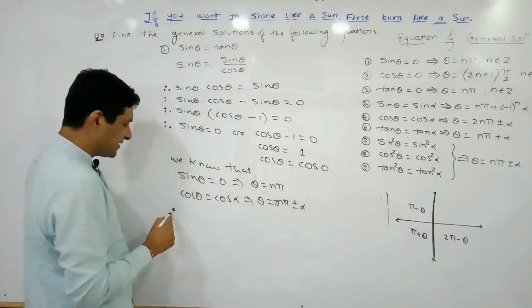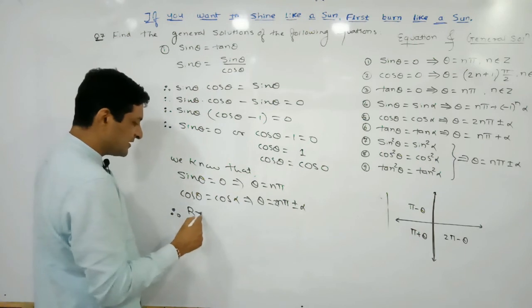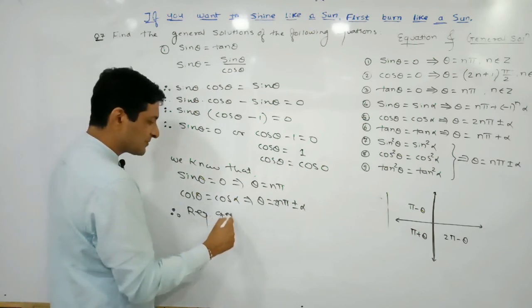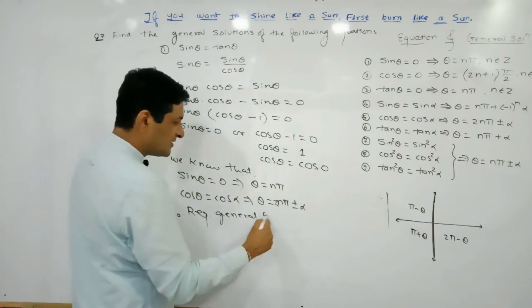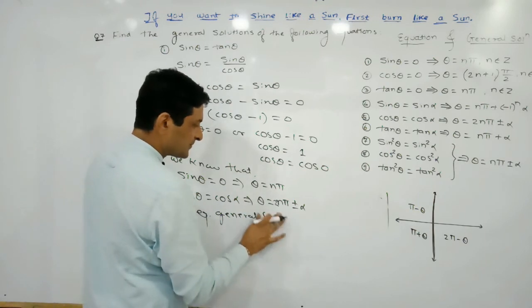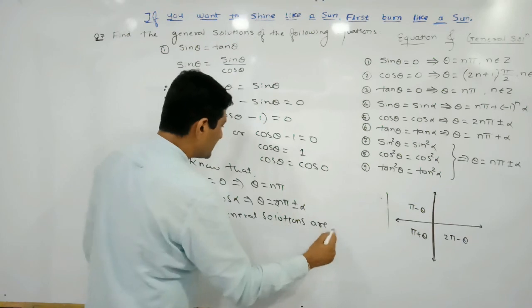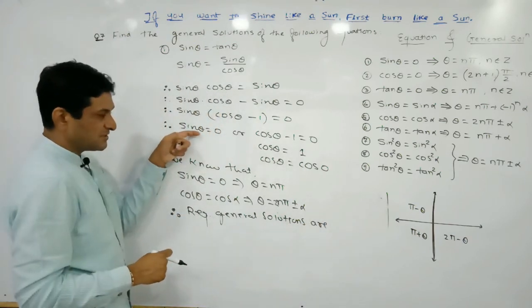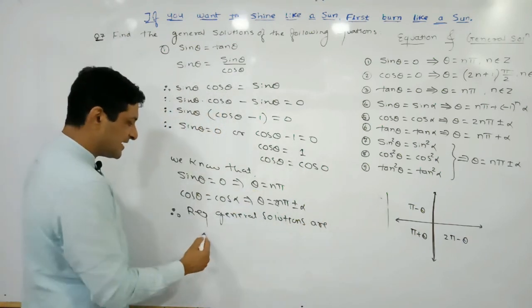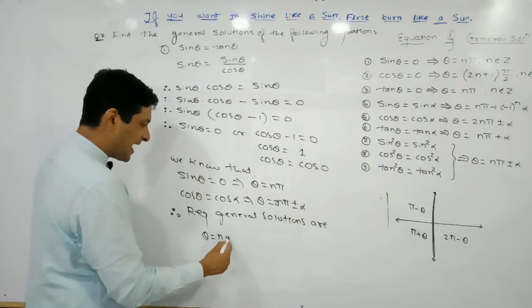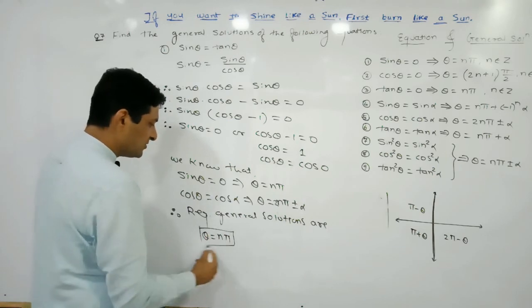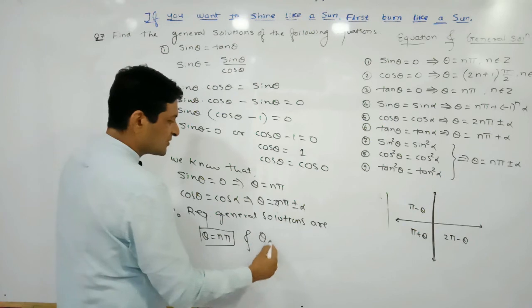So that's why we can say that the required general solutions are as follows. For this equation, sin theta is equal to 0 implies that theta is equal to n pi is our first general solution. And the second general solution is what?